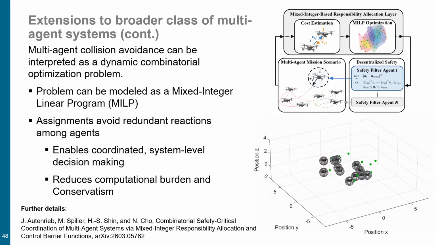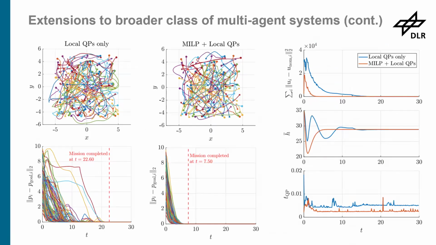When you do it like this, you can actually see that you gain optimality in the sense of mission performance, right? In this case, I think it was maybe 100, but I'm not sure, 100 agents that have been placed randomly in this square, and they should try to reach some other random goal somewhere there, right?